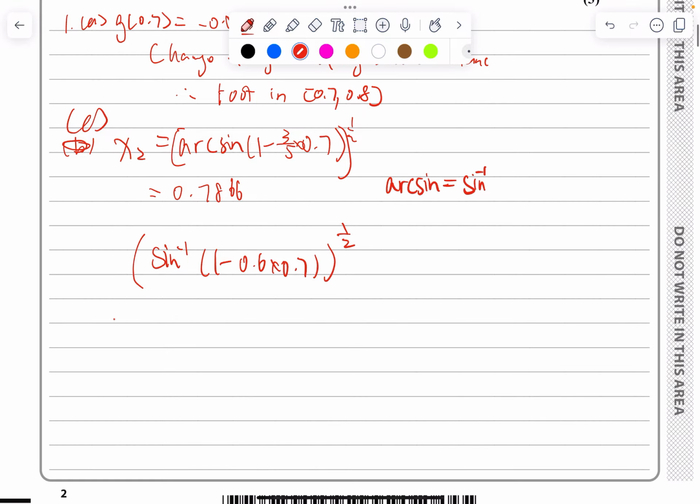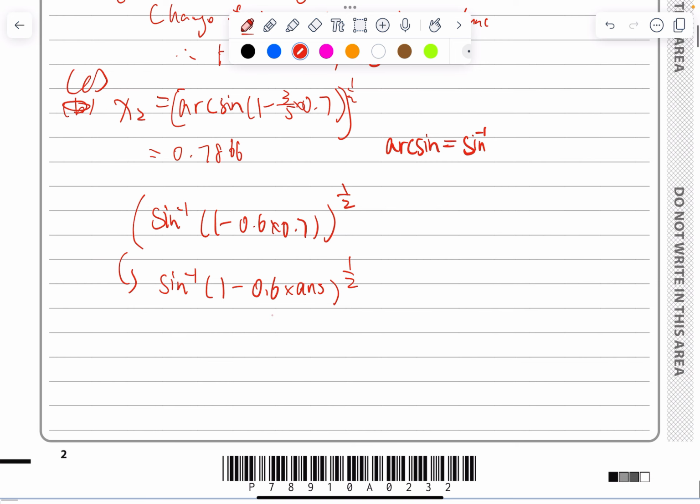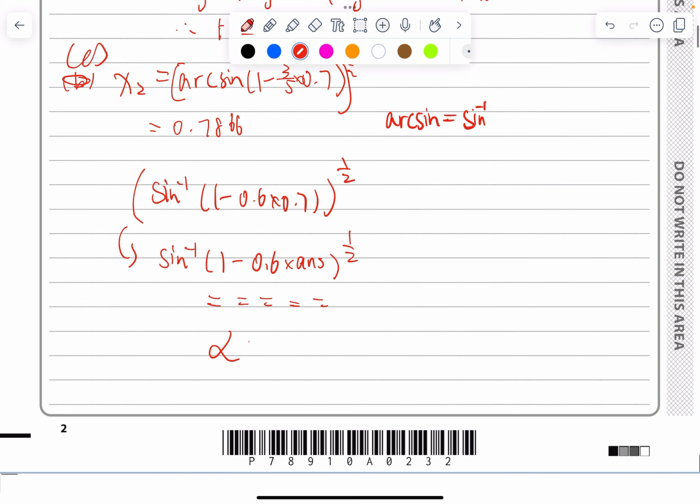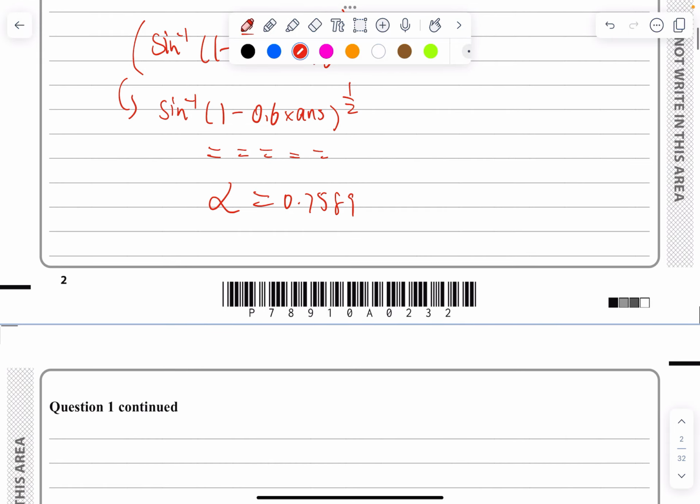And then the next step is, this is what I did in the calculator, okay? 1 minus 0.6 times answer, right? There's this thing right here that is very convenient. And then I just press enter, or execute, over and over again. Then I get a value of around this value. It just converges to this value.